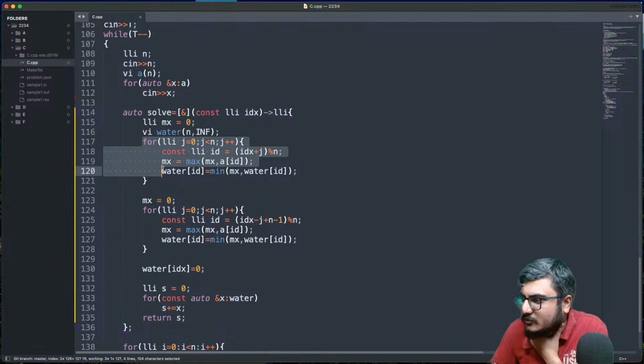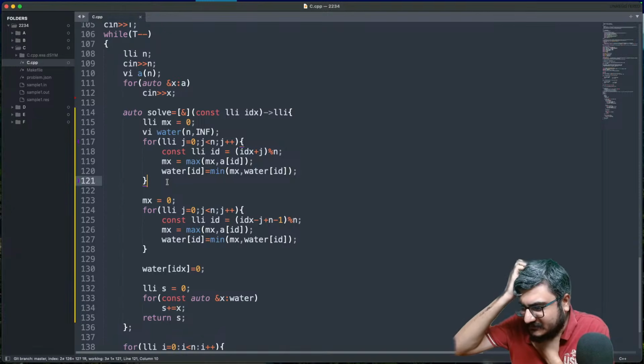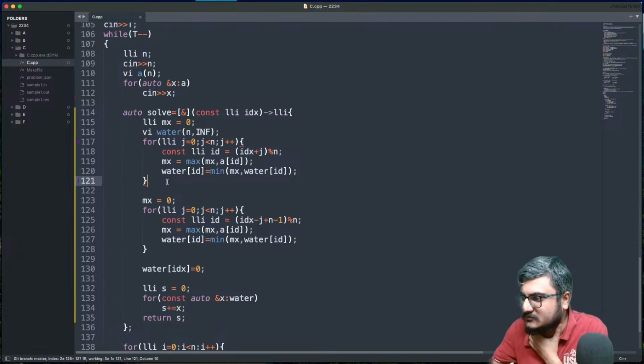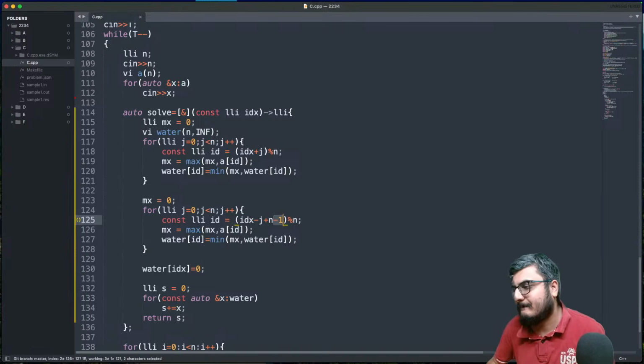So this looks okay to me. Actually, I implemented a slightly different algorithm in the contest. So this is where we are. That is also the same but slightly different. Now I'm missing an off by one somewhere over here.